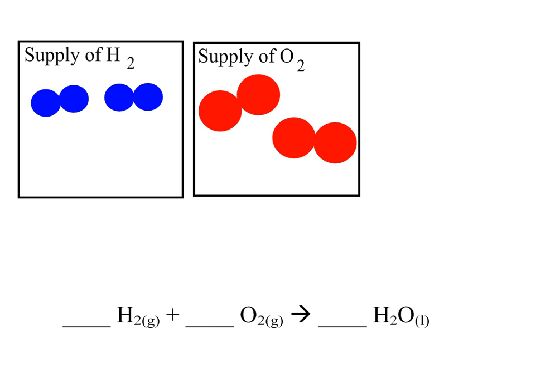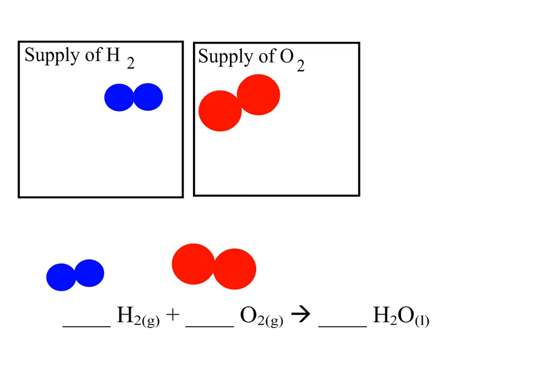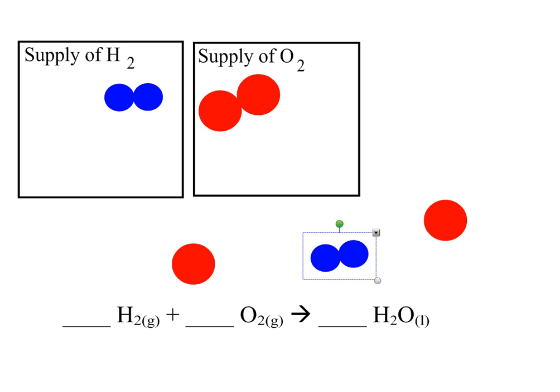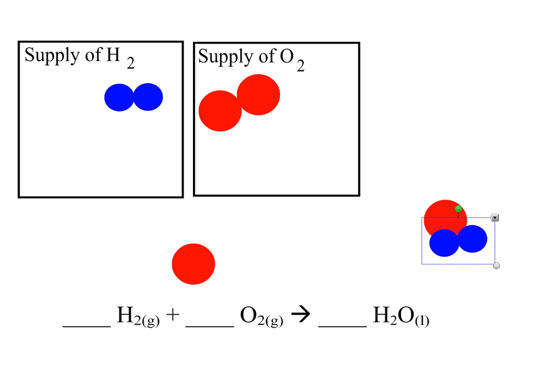So if I go up to the top and I bring down a molecule of hydrogen that I can use, and I'll bring down a molecule of oxygen, and to make water, I'm going to need one of those oxygen atoms, and I'm going to need both of the atoms of hydrogen. There's our one water molecule we've made.